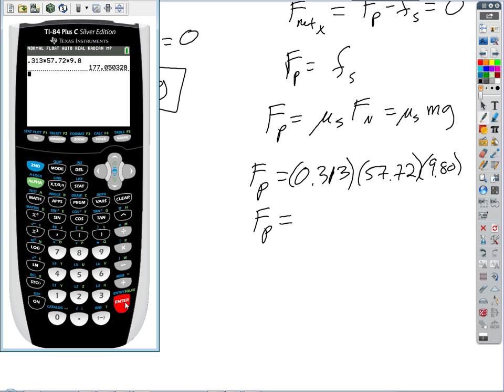So to 3 sig figs, 177. What are the units going to be if it's force? Newtons. There we go. Okay? Make sense? Should we check it? Just make sure.